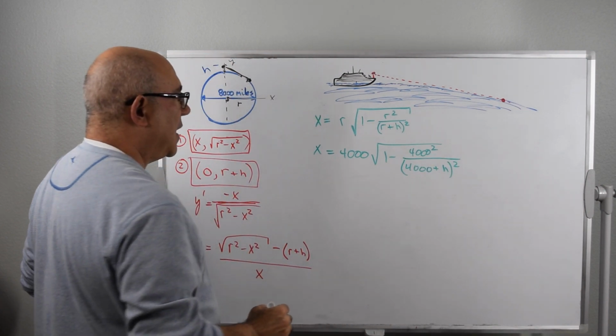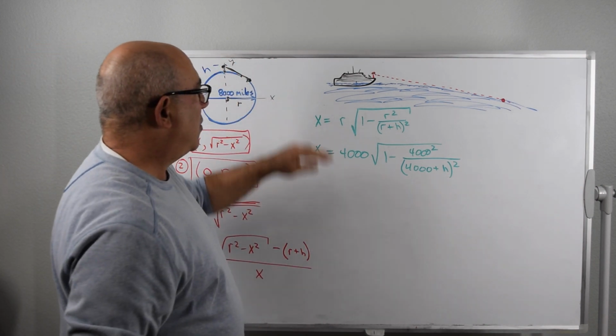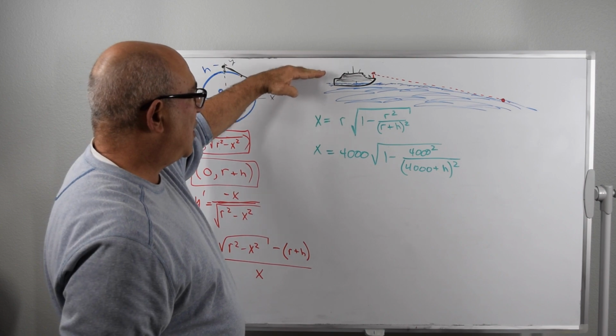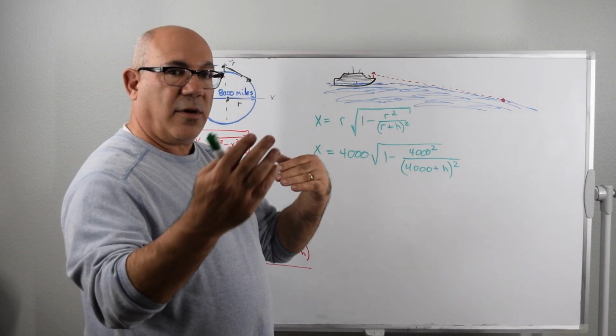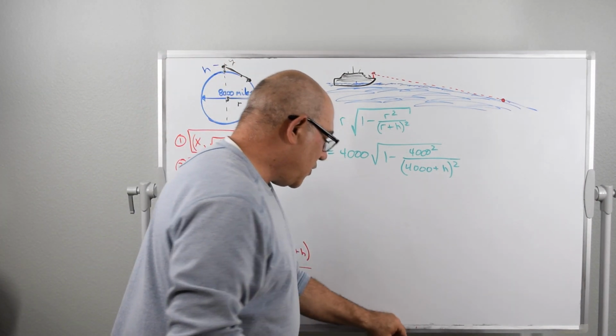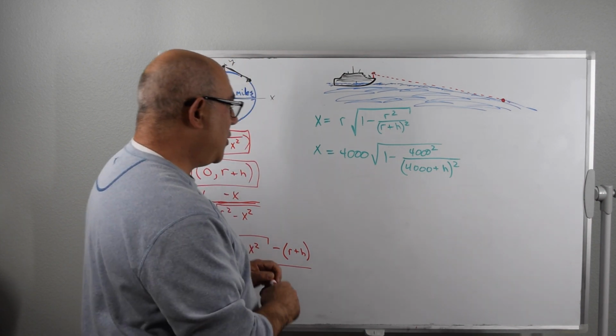All right. Now we have to figure out what is h. I'd like to do it in terms of the decks. So depending on what deck I'm on, how far out I could see. All right. So if I do that, we'll use this one here.